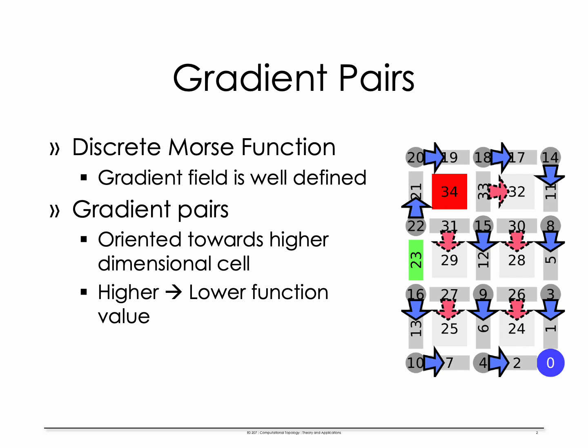So for any cell, let's consider any vertex, there is only one arc that is incident on it, which has a lower function value, and the gradient pair will be directed towards that edge. Cells that are not paired are critical.